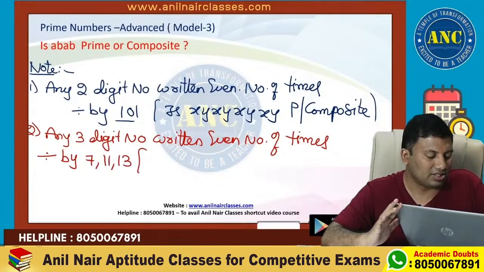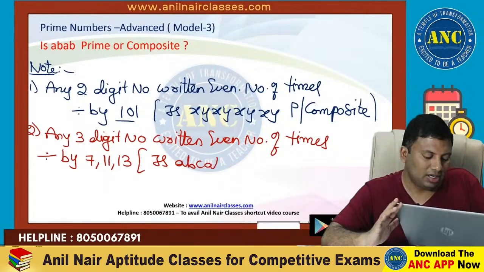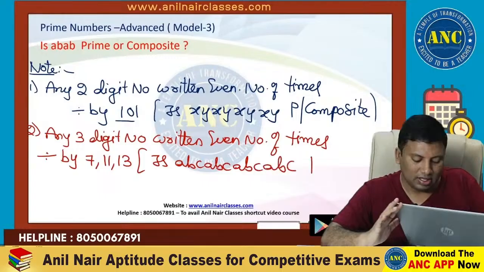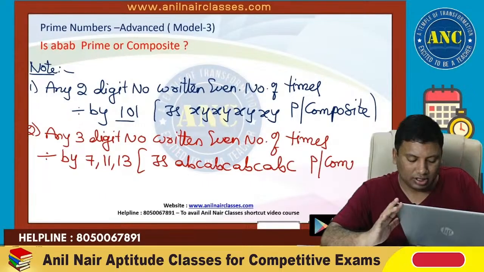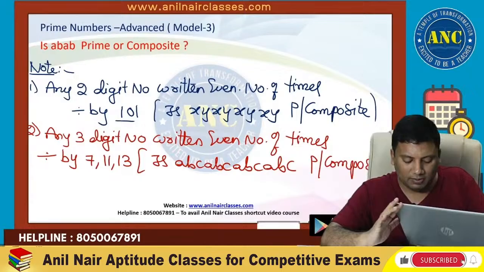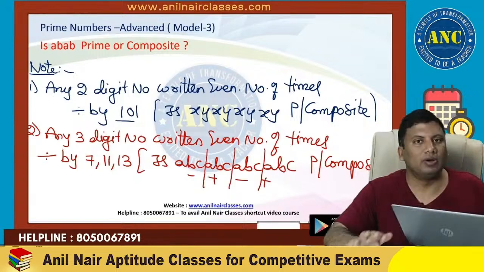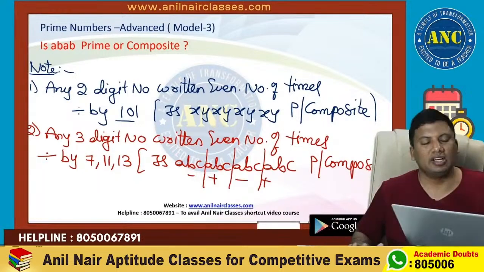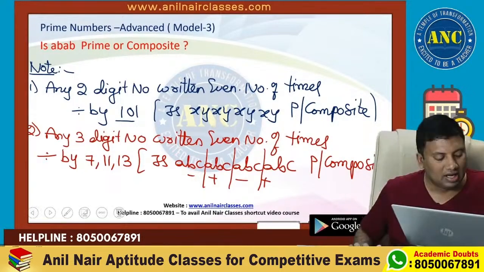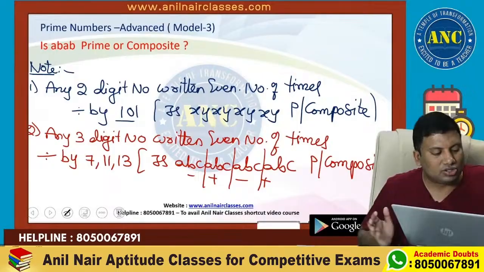For example, if the question is ABC, ABC, ABC, ABC, prime or composite, take a group of 3 digits, alternatively plus minus. So the answer is divisible by 7, 11, 13. Please make a note of these two important concepts.